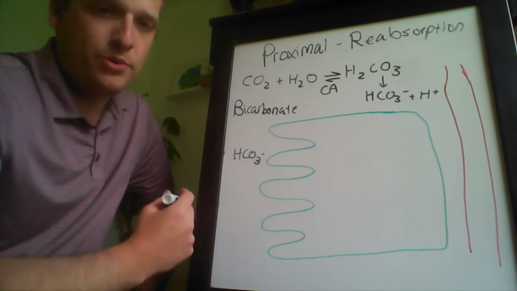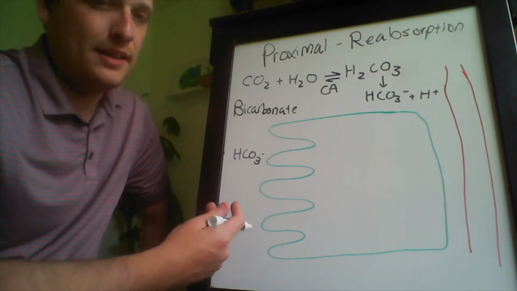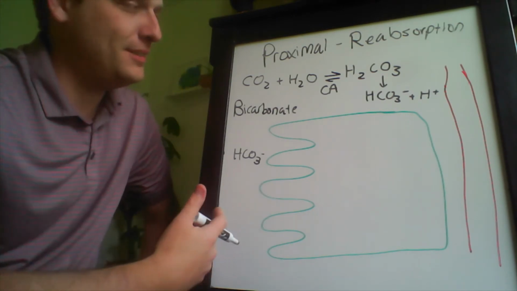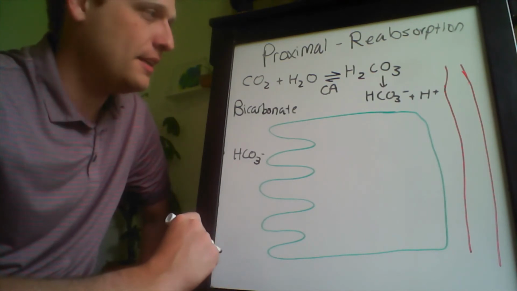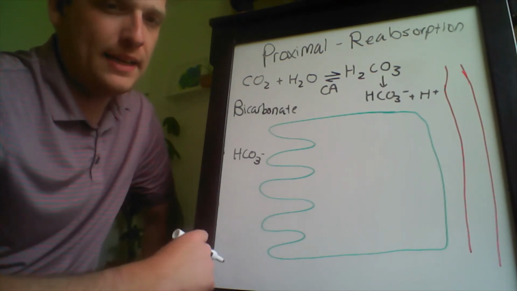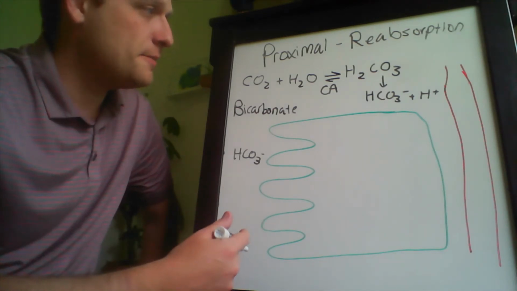So we need to reabsorb that bicarbonate, and how that happens is kind of roundabout, a mechanism that seems a little too complicated, but I'll try to break it down and help you understand the process.